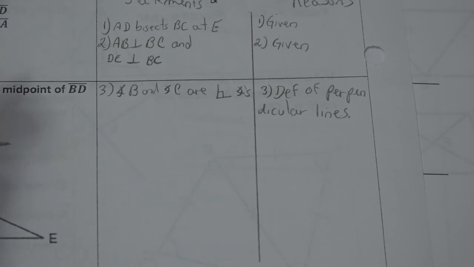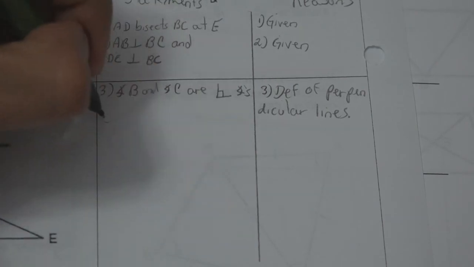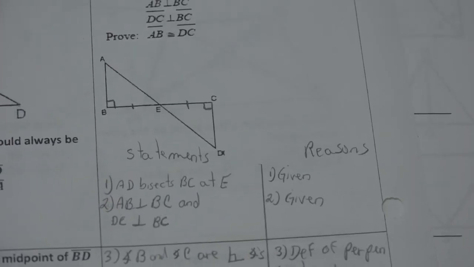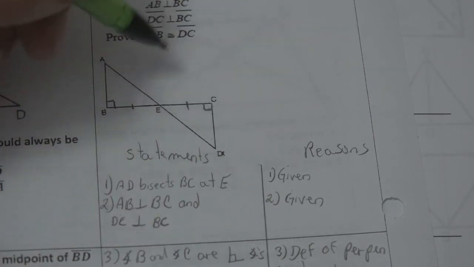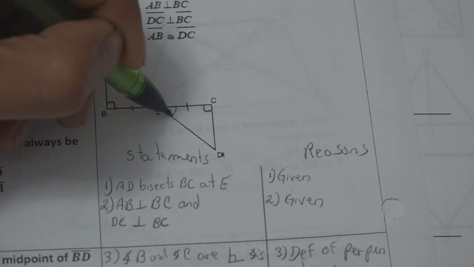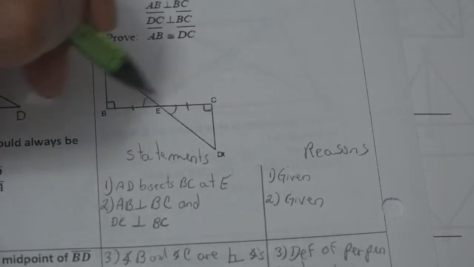All right. What else? Number 4. Any other conclusion that I can make? Of course I can. I can say that this angle is congruent to this angle because they are vertical angles.